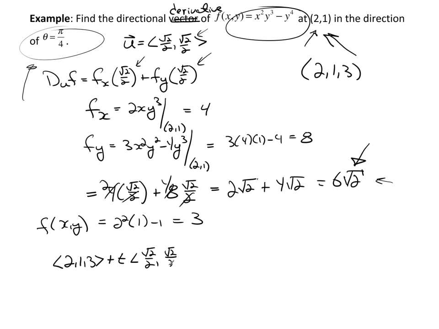So now my vector is simply going to be 2 plus root 2 t over 2, and 1 plus root 2 t over 2, and 3 plus 6 root 2 t.